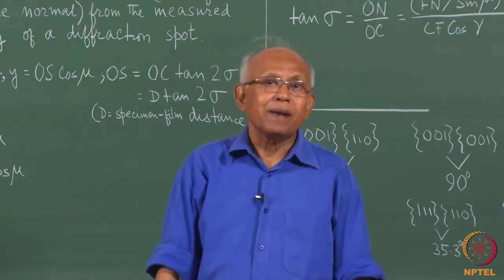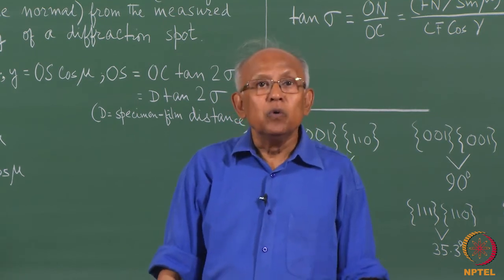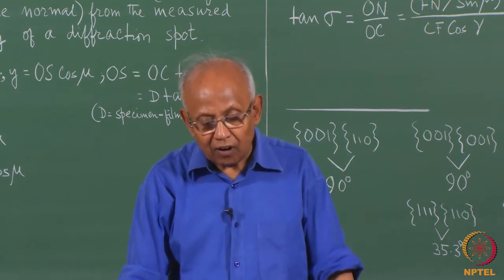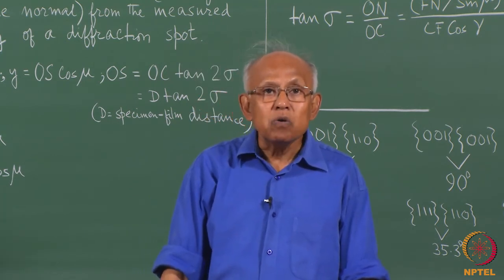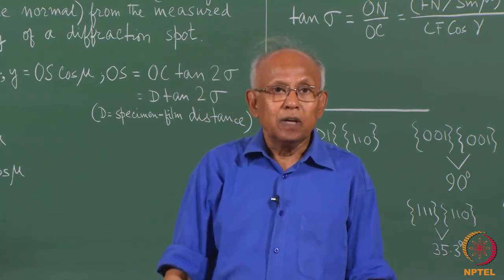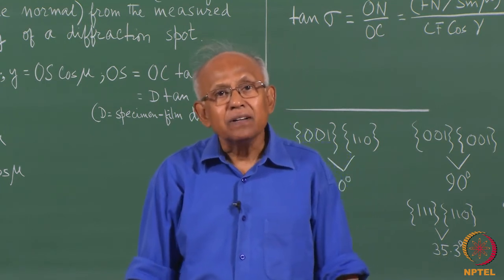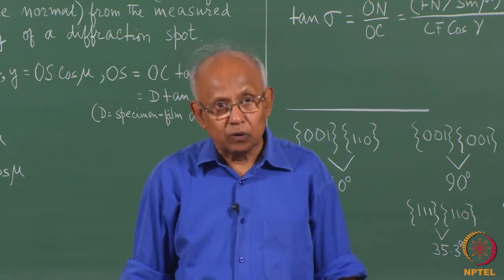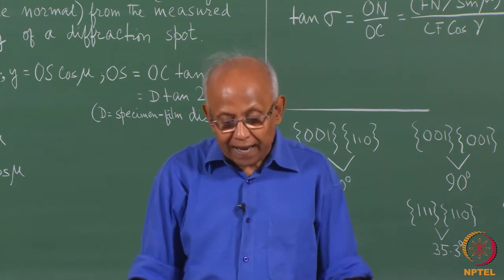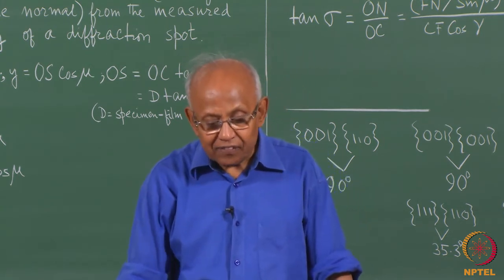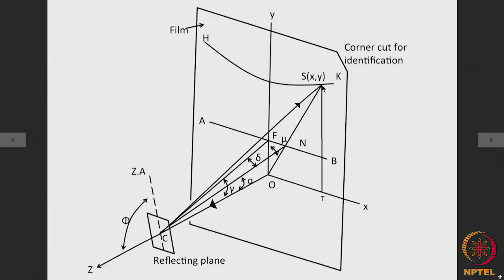Therefore, from the Bragg equation, even though we know the angle theta for this spot, it is impossible to figure out the d value, because lambdas can have so many different values. That means, we cannot identify the plane from which this diffraction spot has arisen.